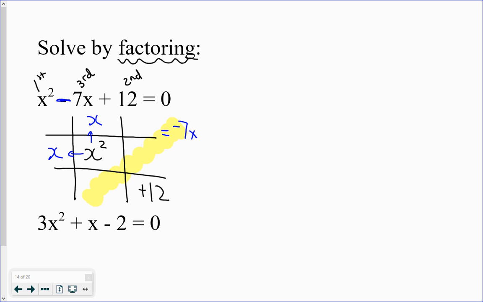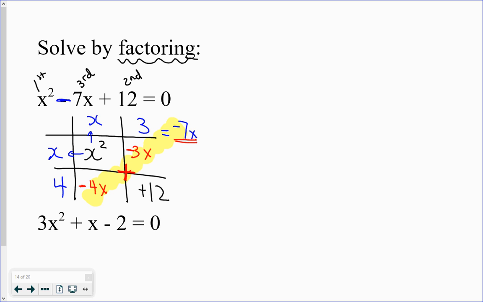So I'm going to go with 3 and 4, and I'm going to go all the way up and all the way over. Now I'm going to fill in the diagonal. So 4 times x is 4x, 3 times x is 3x, and if I add them, 4 plus 3 is 7, but I need negative 7. So the way I do that is to make them both negative.